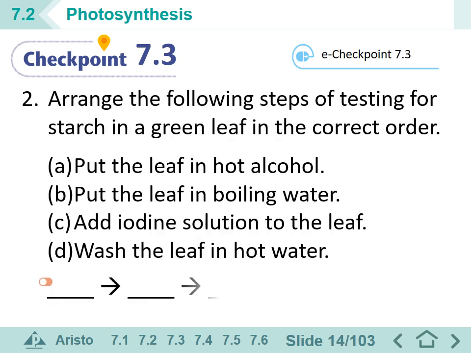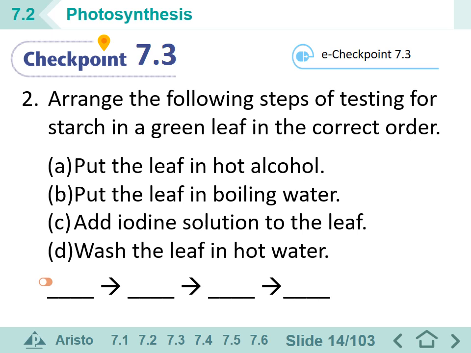Okay, and then arrange the following steps of testing for starch in a green leaf in the correct order. Do you remember the 4 diagrams I drew during the lesson? The key point is to use water first, and then the hot alcohol, right?